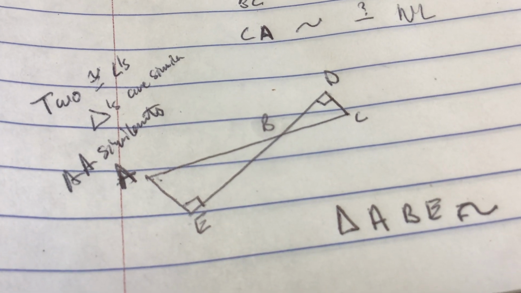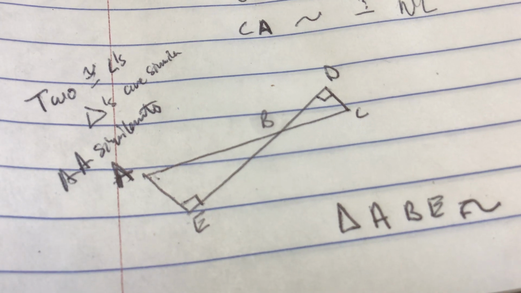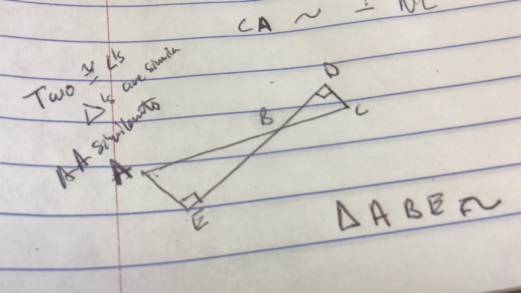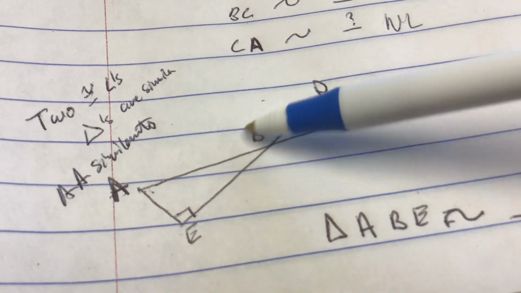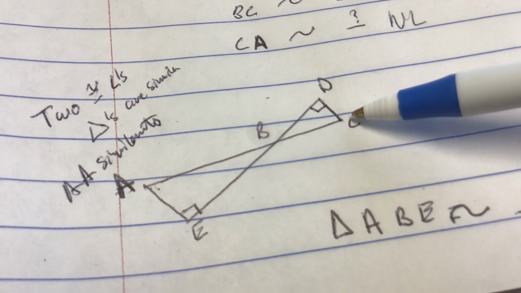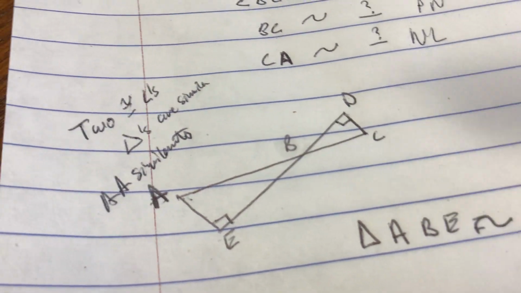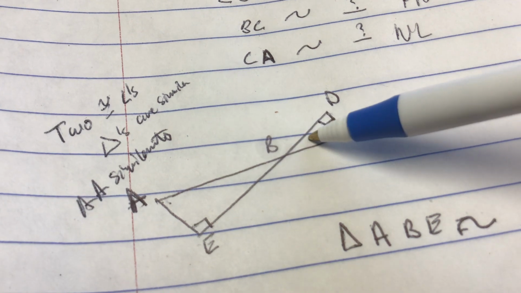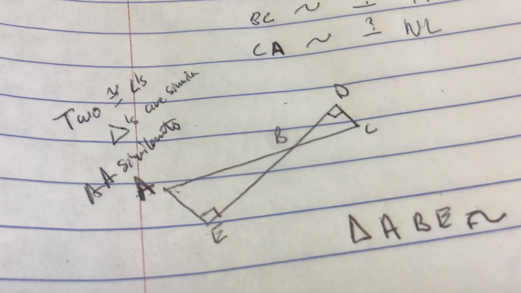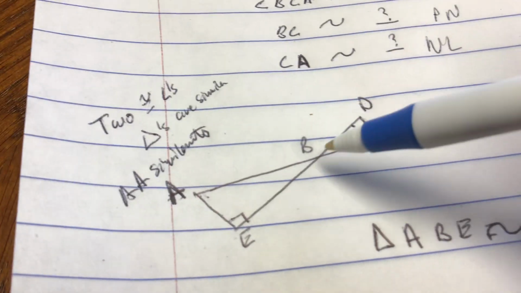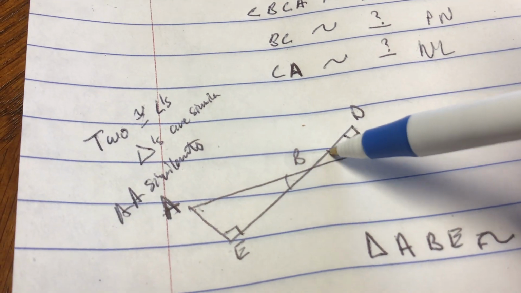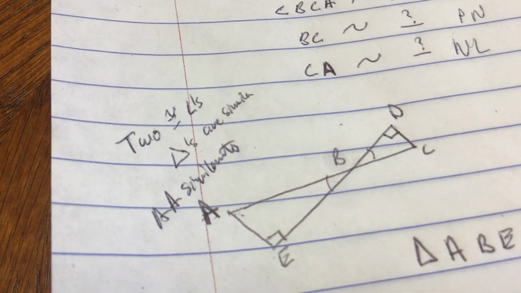What type of angles are those? ABE and CBD. What do you think? These two angles right there and right there. If you'll remember, those are called vertical angles. And those vertical angles are congruent.